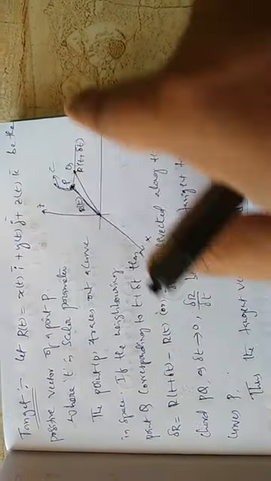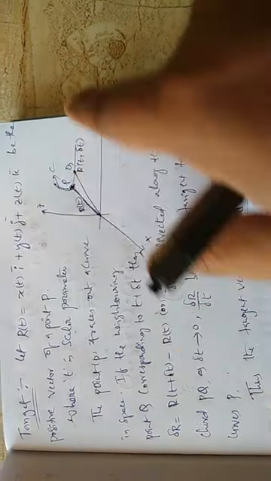Now it simply represents a small line. As delta t tends to 0, del r by del t becomes the tangent of the curve at point P.